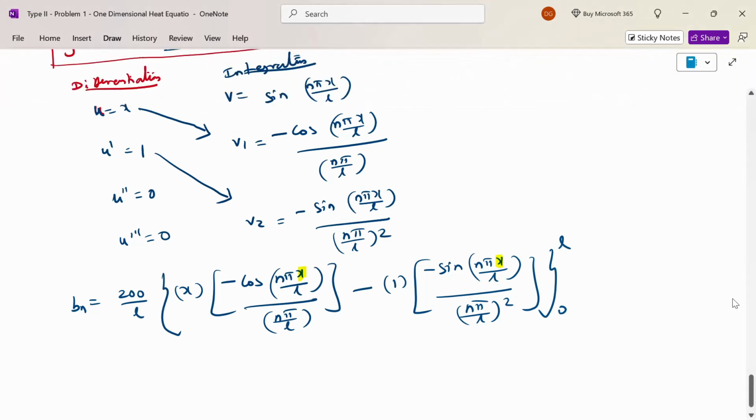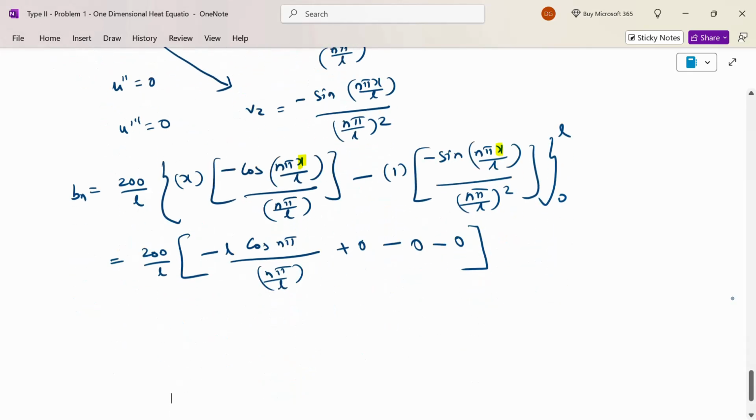When I substitute x equal to L, the L cancels. Therefore we get L and cos n pi by n pi by L, then plus sin n pi, which is 0. For the lower limit 0, the first term is 0 and sin 0 is 0.